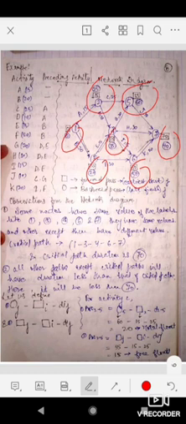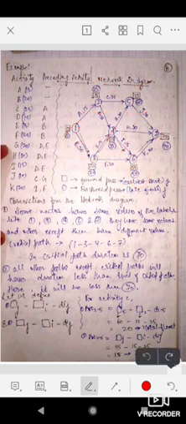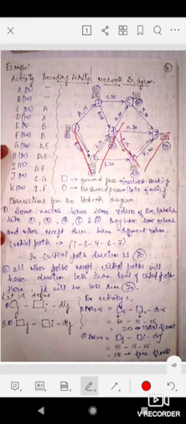In circle we have 25, in square 15, in circle 60, in square 35. So these 5 nodes, that is nodes 1, 3, 4, 6 and 7, this path has the same time for both forward pass and backward pass, for both square and circle.